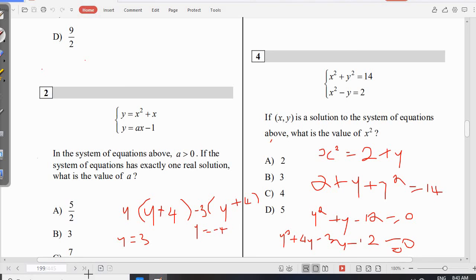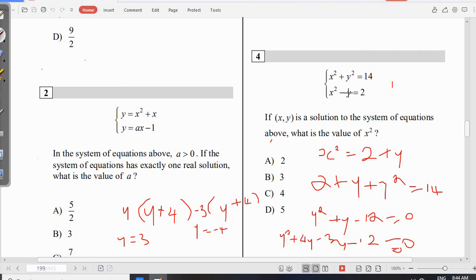So if you have these two values, y equal to 3 and y equal to minus 4, let's put them inside here. So x squared minus y, carrying 3 here, you have 2 minus 3, so x could be 1. But on the other hand, y could also be minus 4, so let's put y minus 4 here.